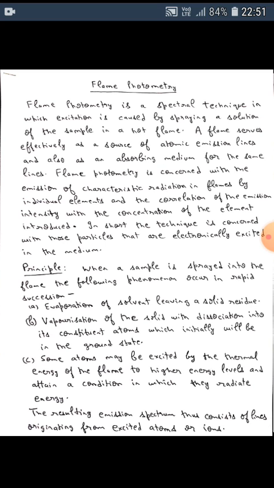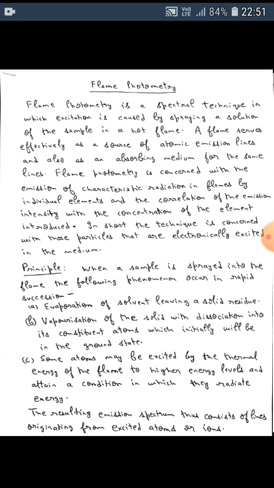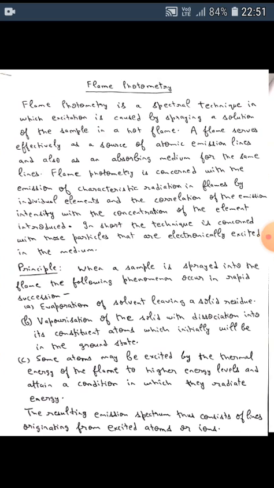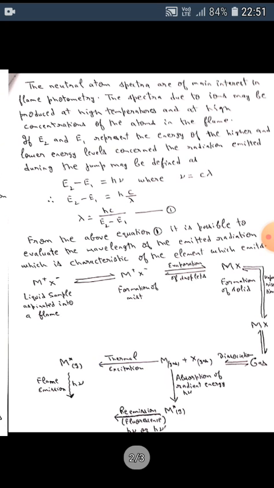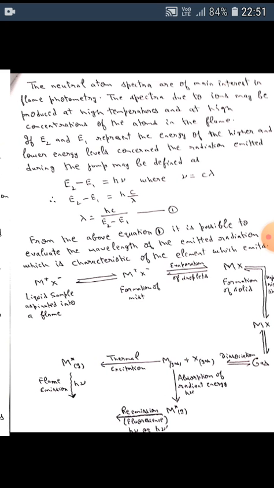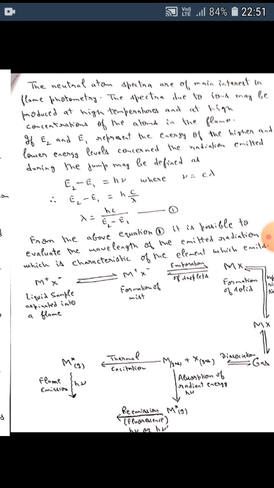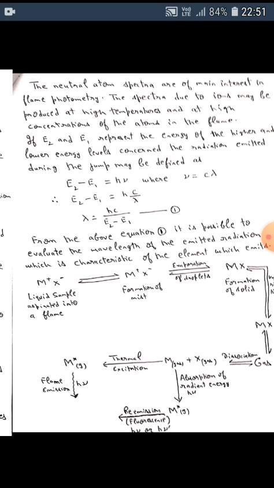The resulting emission spectrum thus consists of lines originating from excited atoms or ions. The neutral atom spectra are of main interest in flame photometry. The spectra due to ions may be produced at high temperatures and high concentrations of the atoms in the flame.